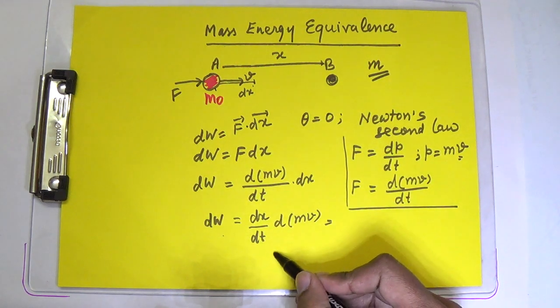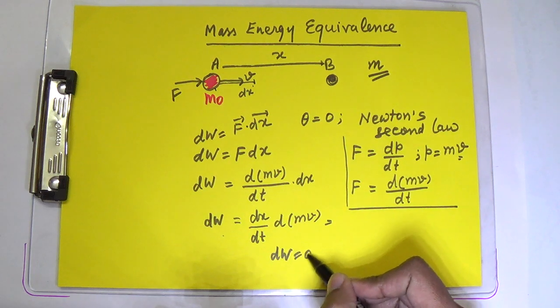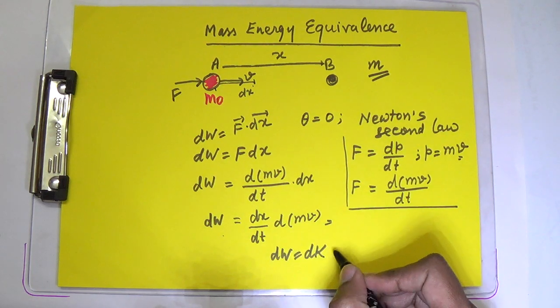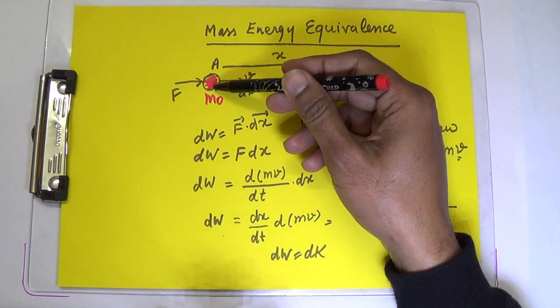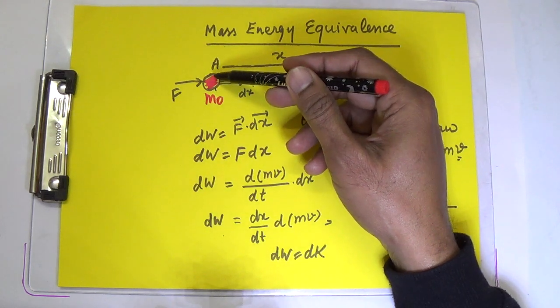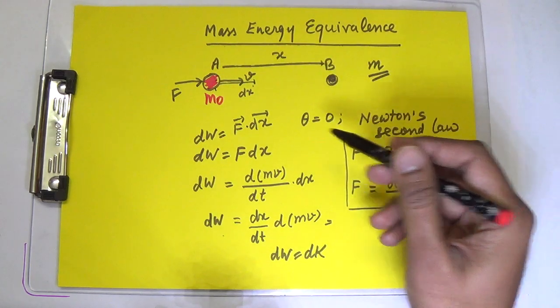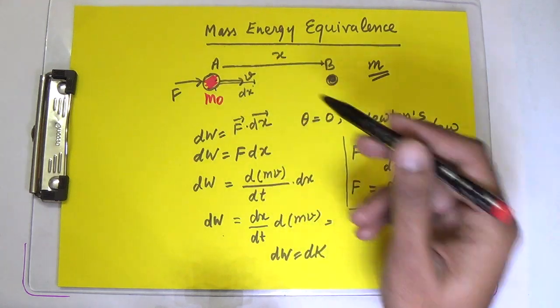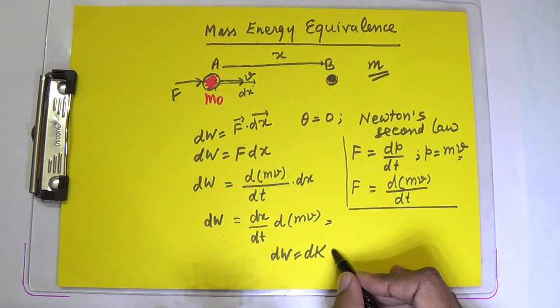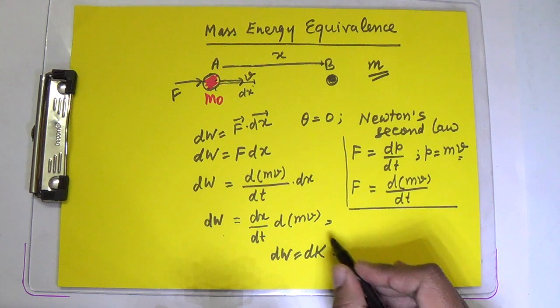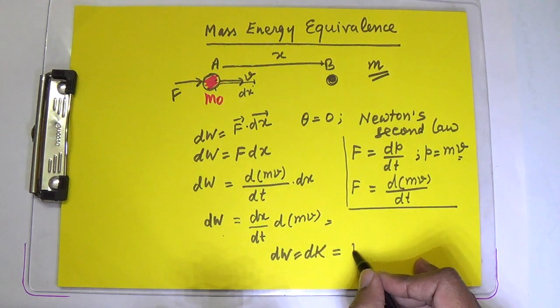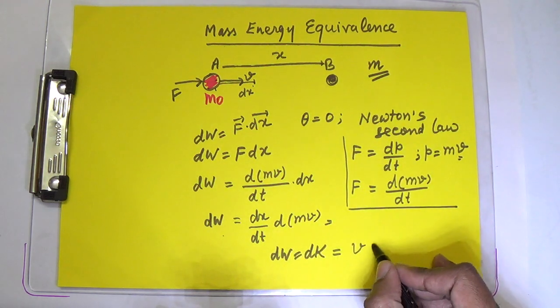So dW is equal to dK. The work done on this particle appears in terms of the kinetic energy by which the particle starts to move. So this dK is equal to dx upon dt, which is v, and d(mv).